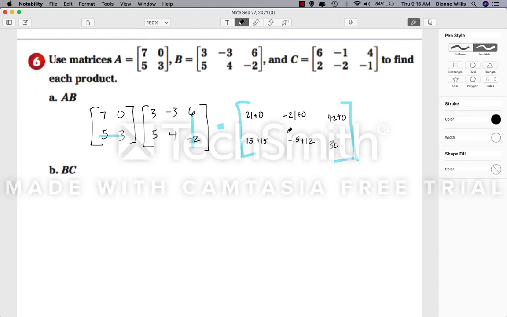And then 3 times negative 2 is going to give me negative 6. And so now the result, I'm going to rewrite this. And I get 21, negative 21, 42, 30, negative 3, and what's that? 24. And so this would be the resulting matrix after doing matrix multiplication.